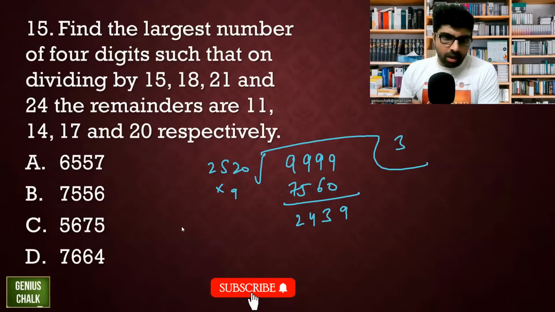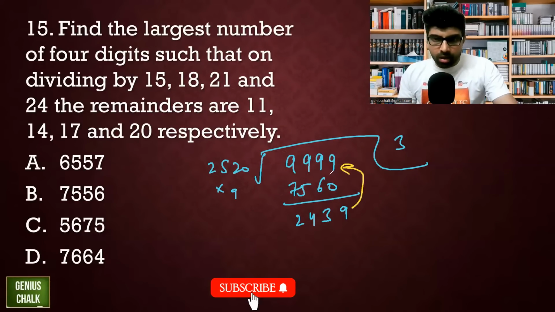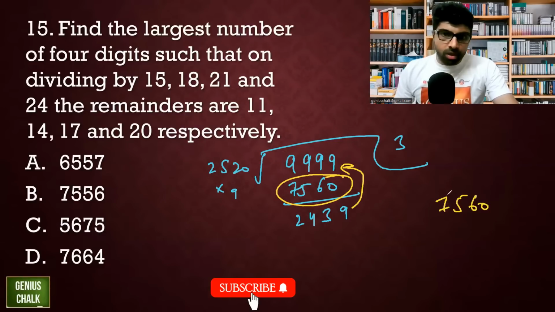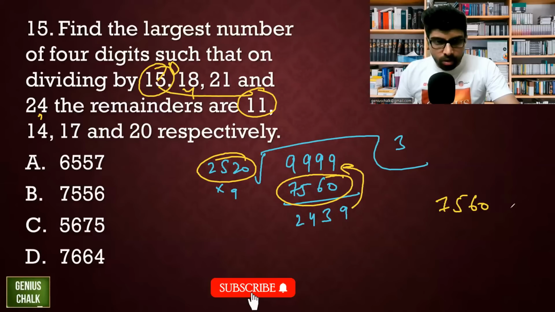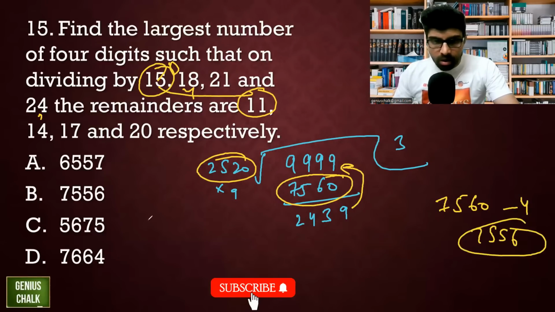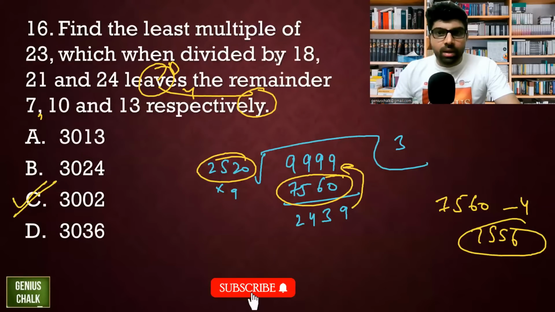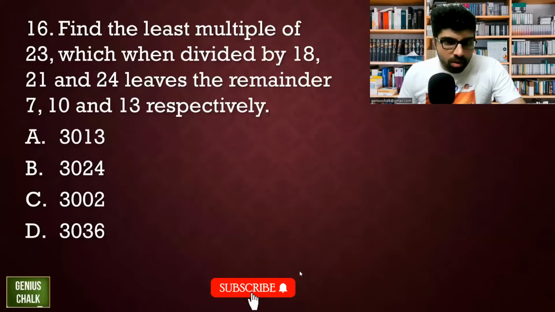So basically just subtract this remainder. 7560 is a number which is completely divisible by 2520. But as we have discussed, we have to subtract 4 also, as the respective divisors and the remainders have a difference of 4. So subtract 4 from there. 7556 has to be our answer. That is option B.